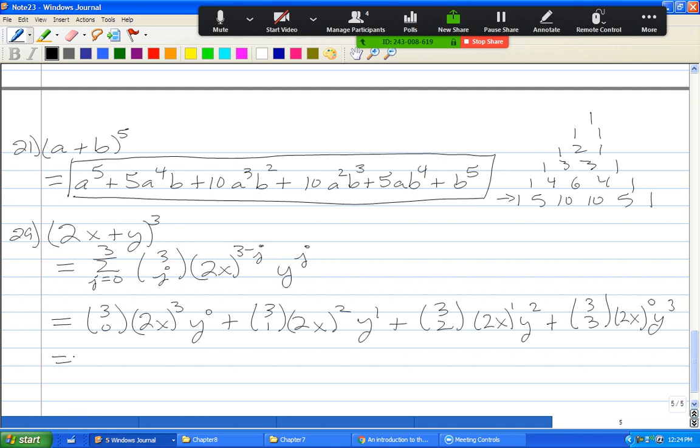Okay, so 3 choose 0 is just 1. 2 cubed is 8. x cubed is x cubed. y to the 0 is 1. 3 choose 1 is 3.